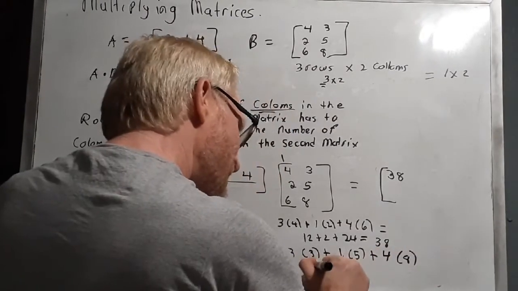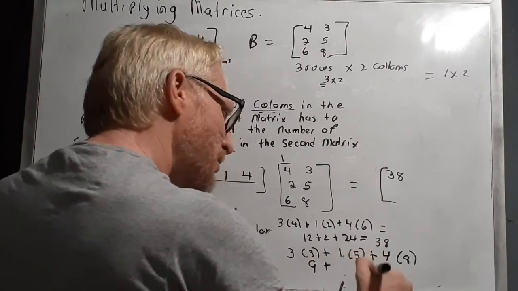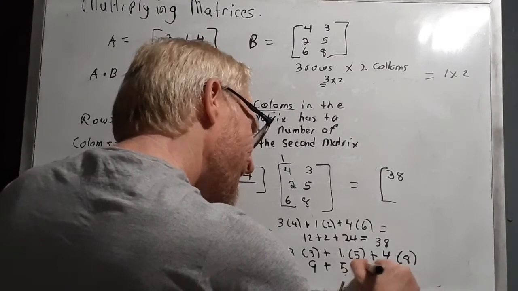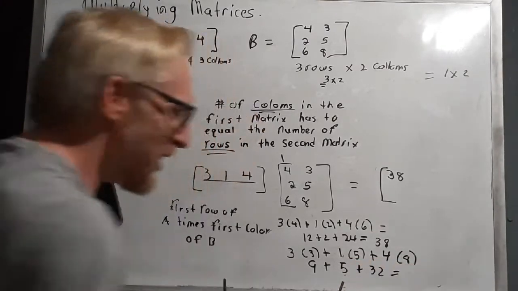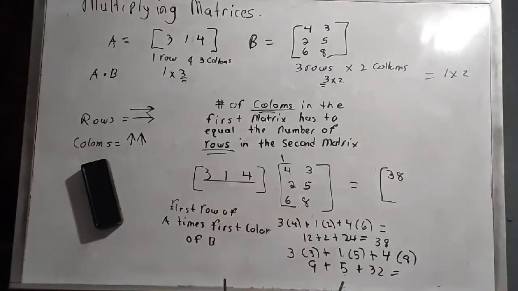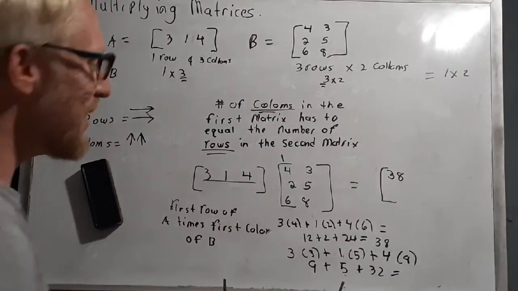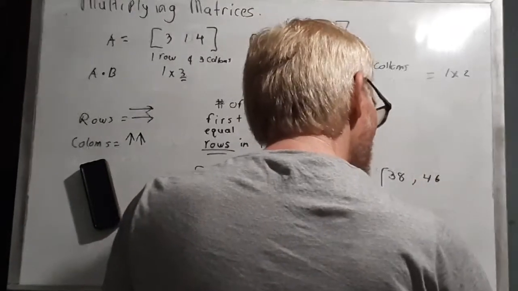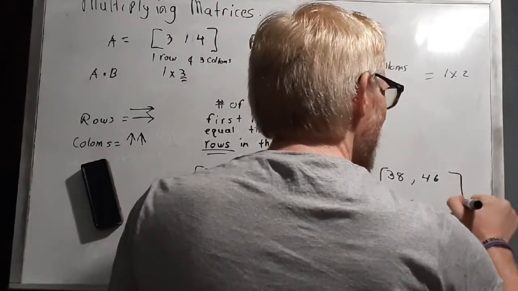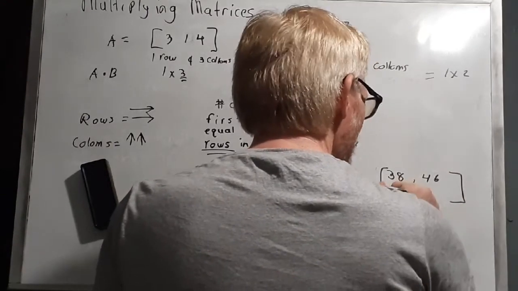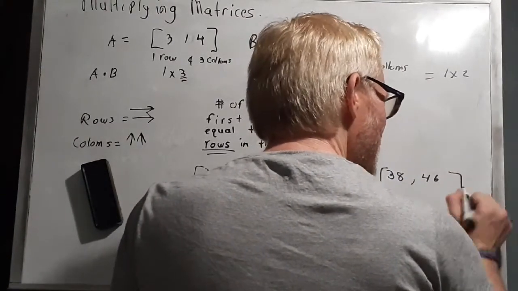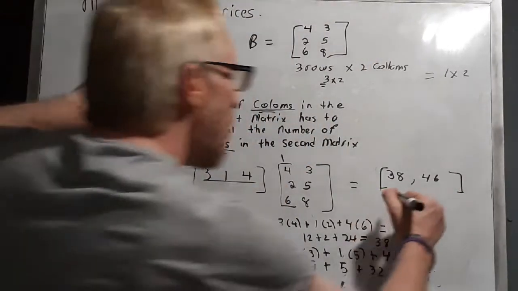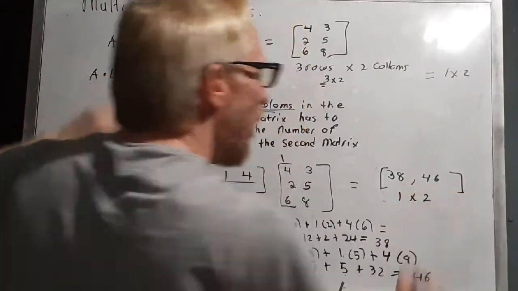So 3 times 3 is 9. 1 times 5 is 5. 4 times 8 is 32. And 9 plus 5 is 14. And 14 plus 32 is 46, which is our second entry. It is a much smaller matrix. So we have 1 row and 2 columns.